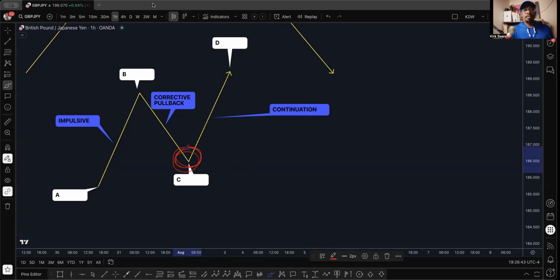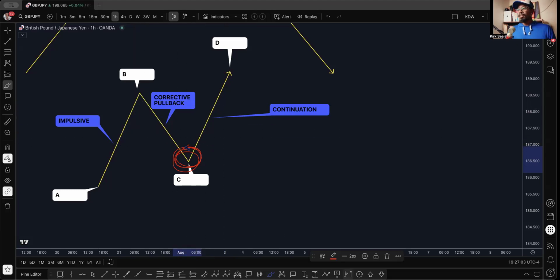Now, I'm going to get there, but just think about the principle here. If it's going down, the first part of price going down is going to be the impulse. The second part is still going to be a pullback, and the third is still going to be continuation.